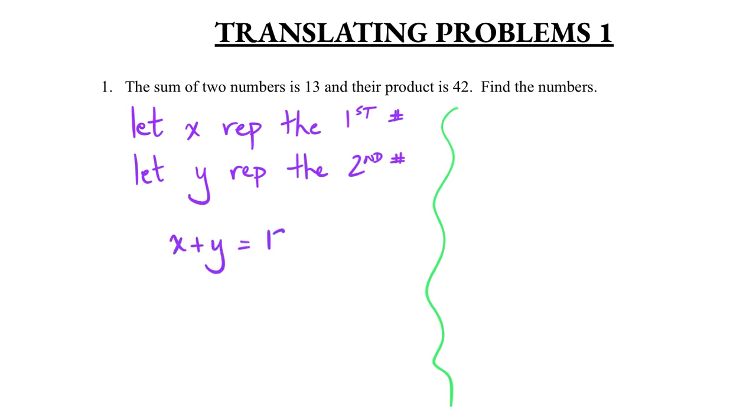If I add them together, that gives me 13. There is an equation. The problem, of course, is that equation has two variables, so it doesn't allow me to solve for either one of those variables. But the second half of that sentence says their product is 42. Product means multiply, and so you could say that x times y equals 42.